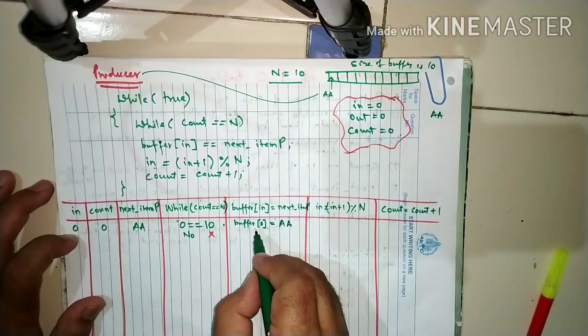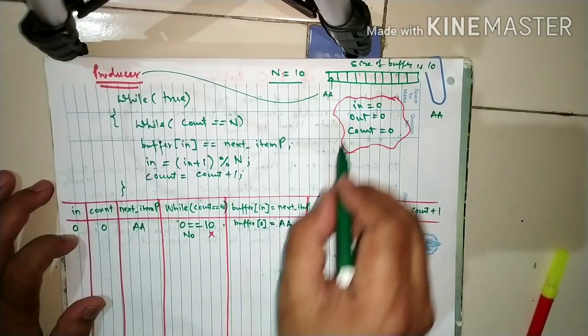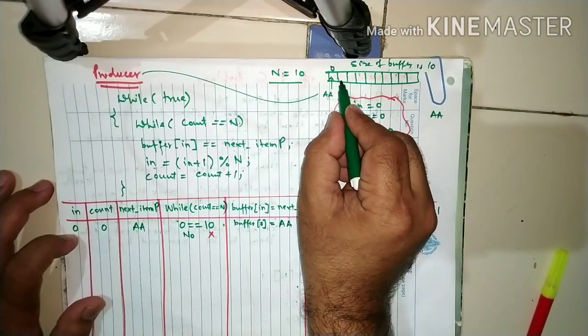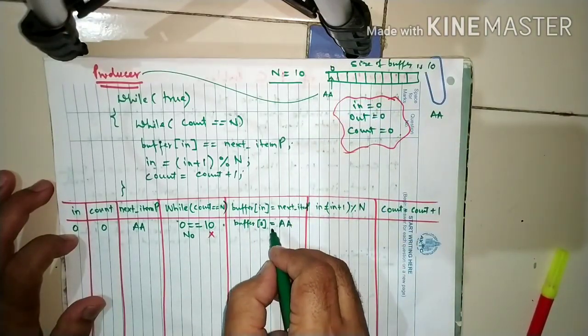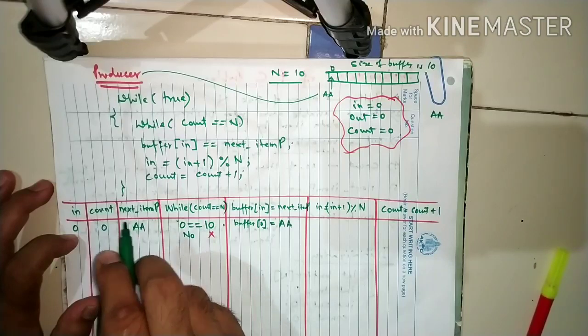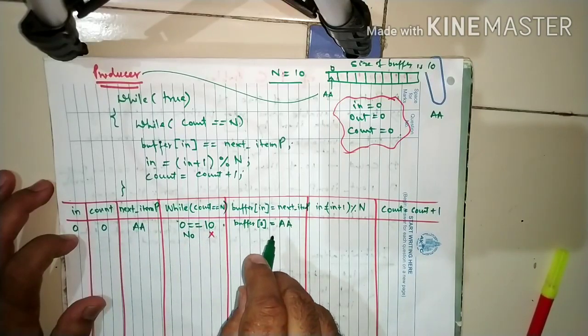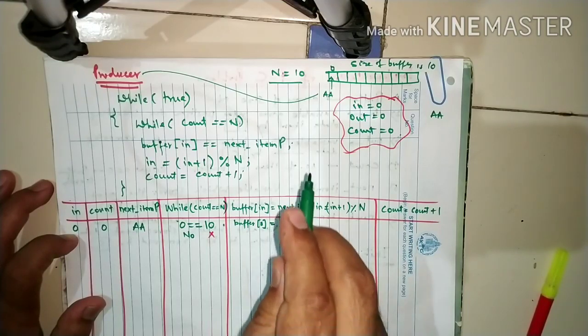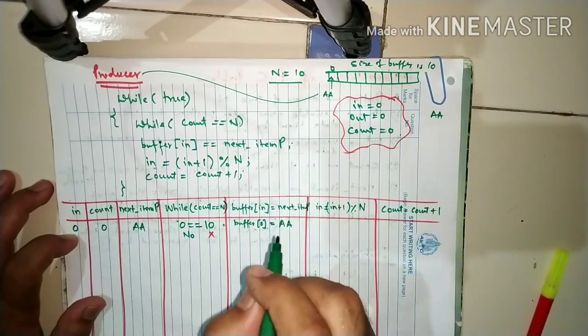It means that on the 0th position, the first place, aa will be placed. So the producer has successfully inserted the first data item on the first place.